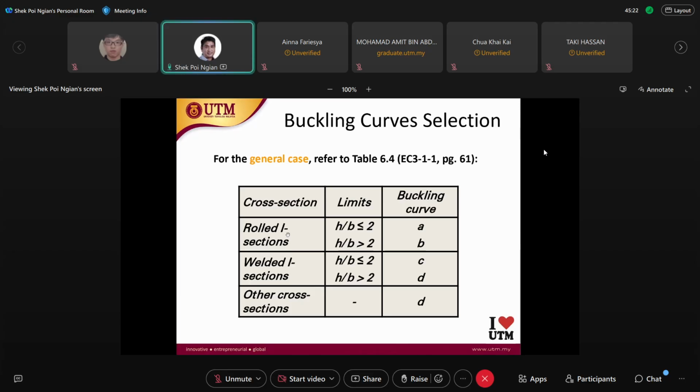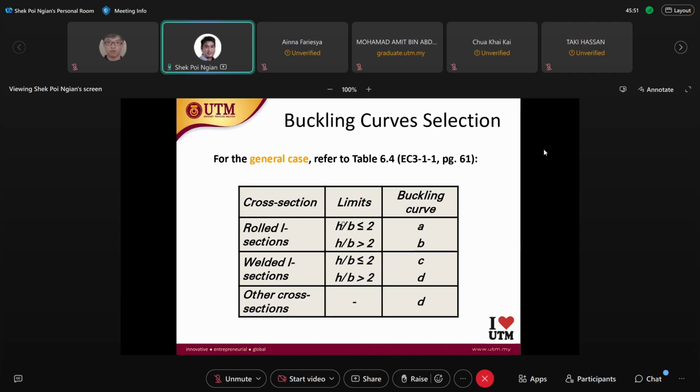So if you are using hot rolled I section, if your H over B is less than or equal to 2, you choose curve A. If your H over B is more than 2, you choose curve B. H is the depth of the beam, B is the width of the flange, from the section property table.